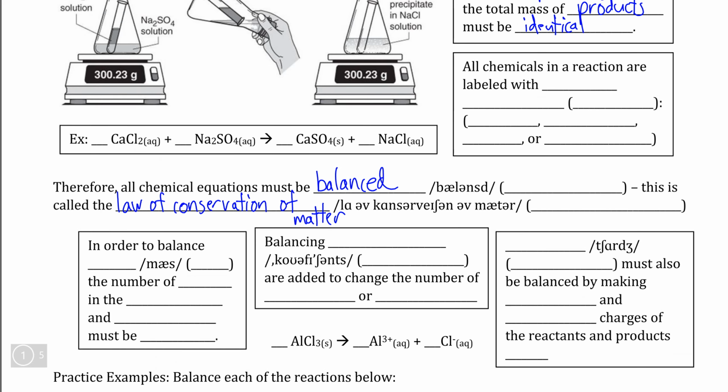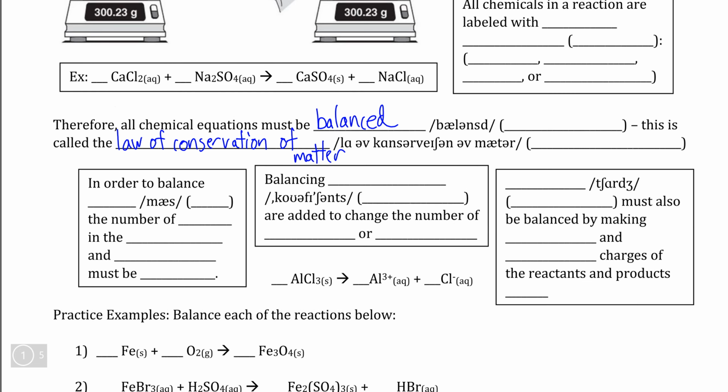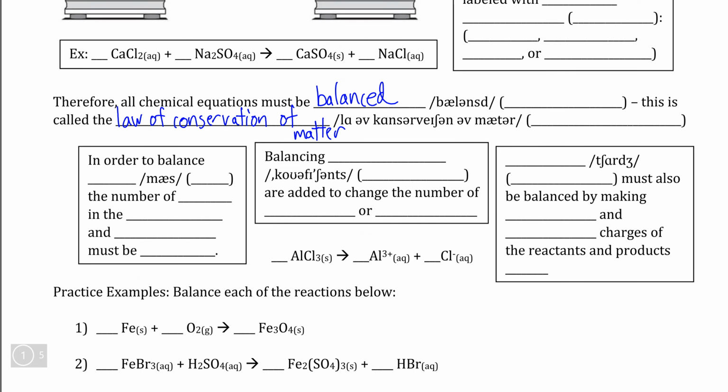So what exactly do we need to do in order to balance a chemical reaction? Well, remember that balancing a chemical reaction means that we need to make the mass of our reactants and products equal, but since we can't tell how much each element weighs without looking at a periodic table, we can instead simplify this by counting the number of atoms of each element.